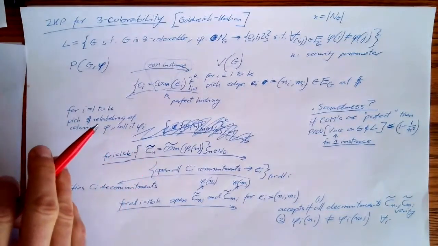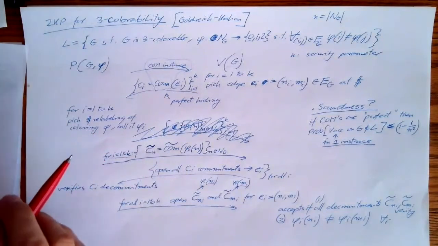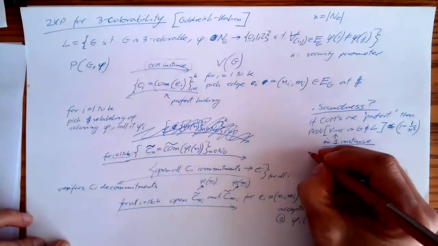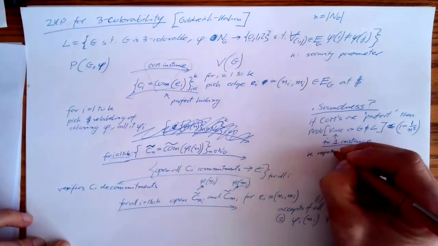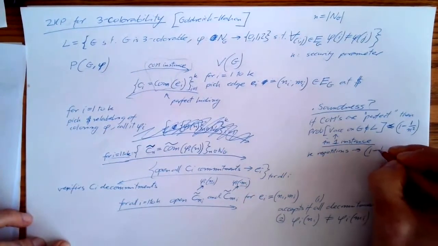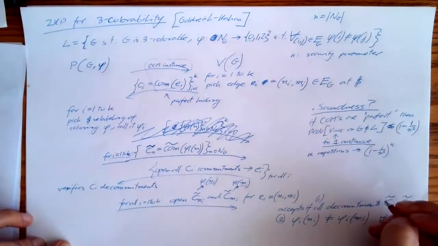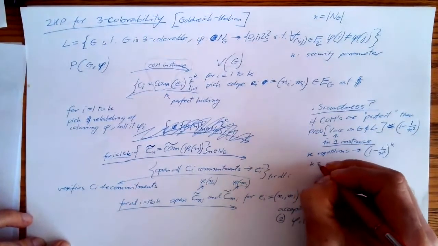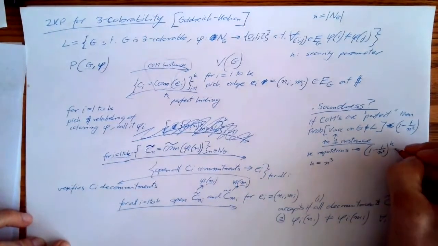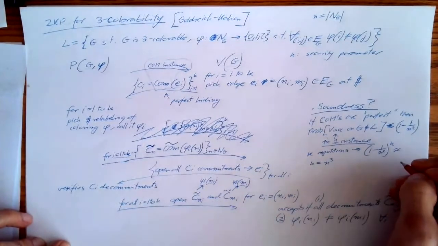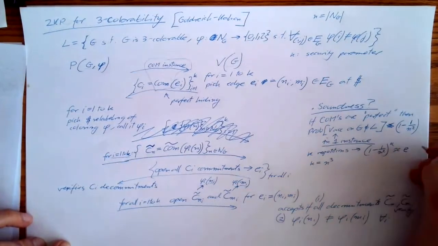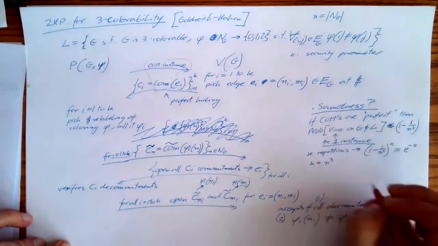Now, if you repeat this k times, k repetitions drives this down to (1 minus 1 over n squared) to the k. Setting k to n cubed would mean that this is close to e to the minus n.